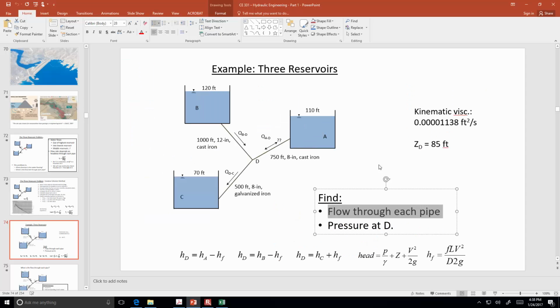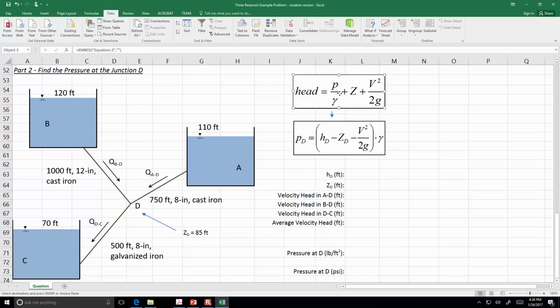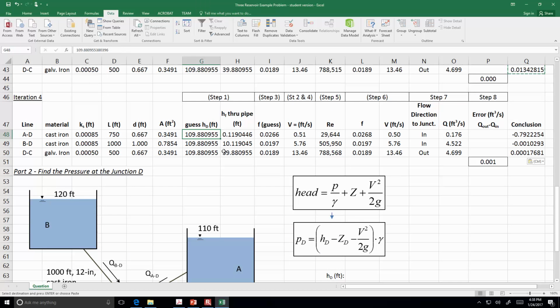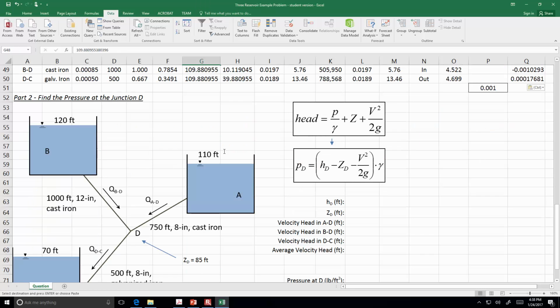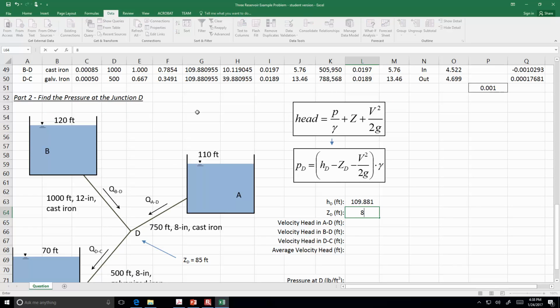So now what we're going to say is how much of that total energy is pressure. And that's what the second half of the spreadsheet allows us to do: we're going to rearrange the definition of head because we know that the head is 109.88, etc. So I'm going to have this reference up to the total head, and then the elevation at D is 85 feet. The velocity head's a little tricky because this is a junction of 3 different pipes.